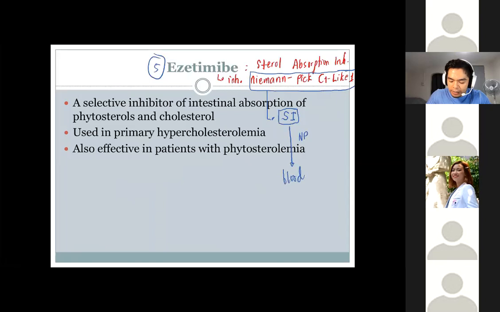So, it is a transporter that allows entry of cholesterol and triglycerides from the small intestine to the blood. So in other words, yung kinakain natin ng mga pagkain na may fats o kaya other lipids, yung entry nun sa blood ang pinipigilan ng ezetimibe. Kaya nga siya absorption inhibitor. Gets ba?